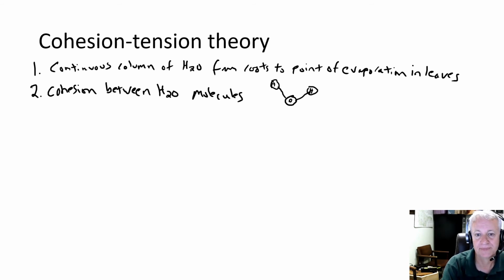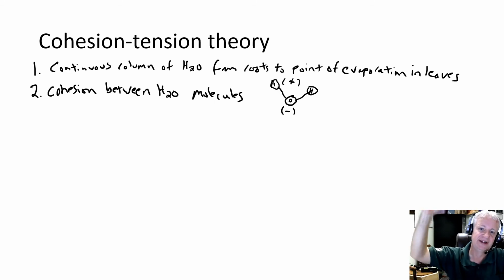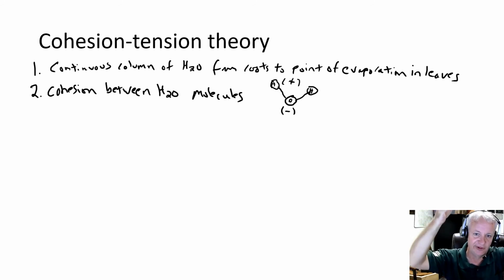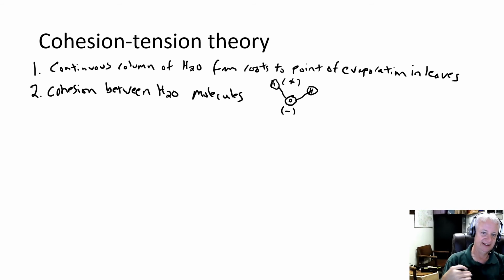So this molecule is polar in that there's a slight positive charge on this side of the molecule and a slight negative charge on this side of the molecule, because the positive valences of hydrogen are over on one side and the negative valence of oxygen's the other side.